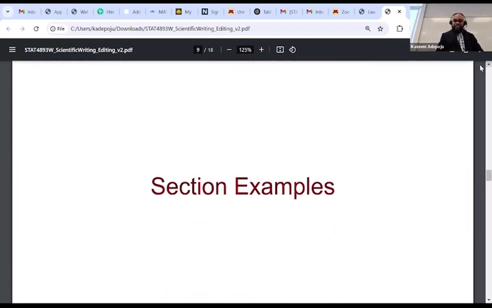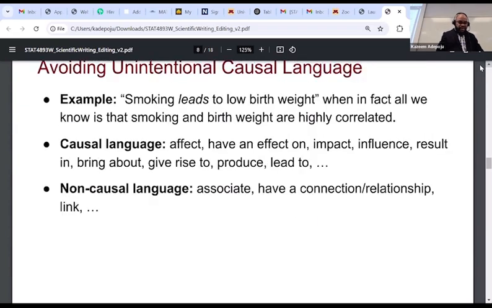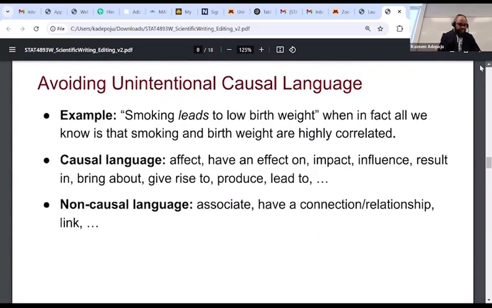Now, the number one example that I'm going to give: instead of saying smoking leads to low birth weight, that is unintentional causal language that should be avoided.